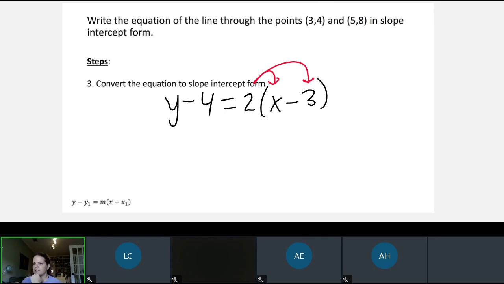So what would I get once I distribute? Yep, write out the whole equation for me, unless you've already solved all of it, then that's fine. So y minus 4 equals 2x minus 6. Don't forget that's a minus 6. And then what would my last step be?